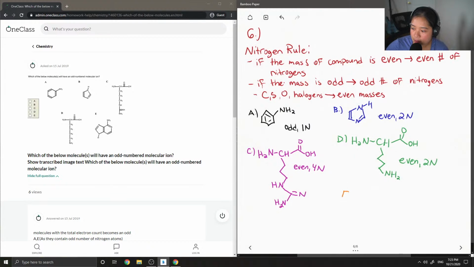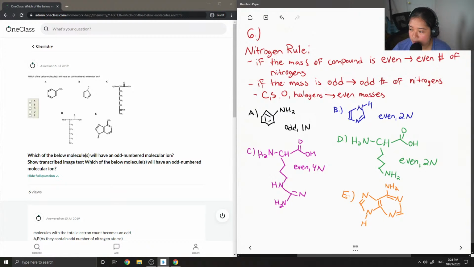And then lastly, for E, let's draw this out. You count out all the nitrogens here.